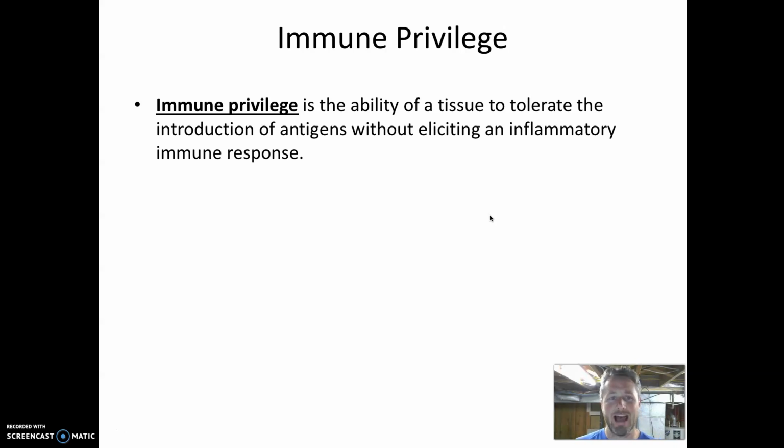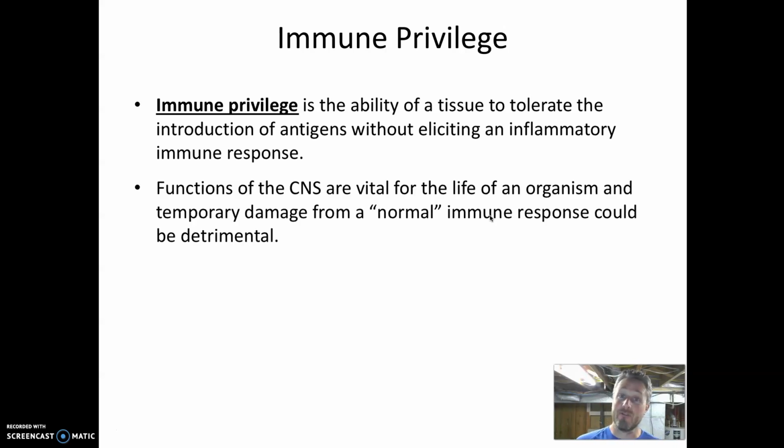So why is that? This is because the function of our central nervous system is vital for life, right? Our brain is controlling functions like breathing, okay? And if our brain lost function, which is part of the normal effects of inflammation, we might lose control of some important aspect of our biology that is critical for immediate survival, right?